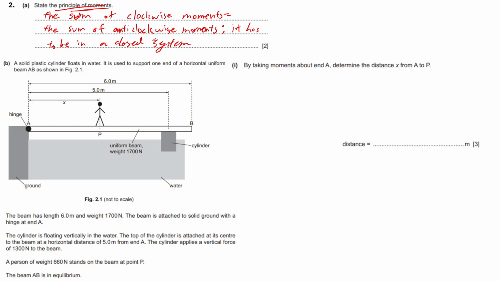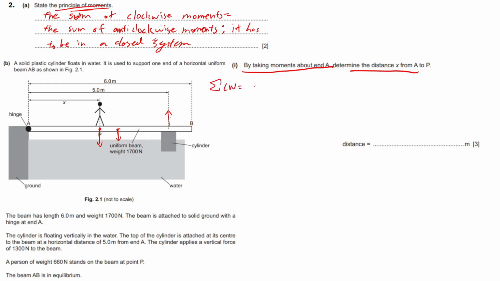And we have to use the given information, and by taking moments about end A, determine the distance x from A to P. All right, so first things first, let's draw arrows of which the directions of the weights are going. So the cylinder has its force going up, and then the weight of gravity of the uniform beam as well as the person are going down.